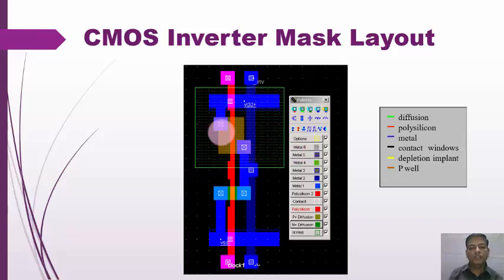PMOS: source terminal, drain terminal, gate terminal. NMOS: source terminal, gate terminal, drain terminal. Common gate terminal, given clock input. Here the source terminal is provided VSS, here the source terminal is provided VDD. Here the output is taken across this common drain terminal of both the PMOS and NMOS. Are you able to understand the CMOS inverter mask layout?